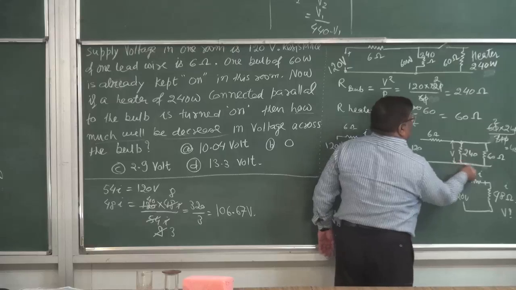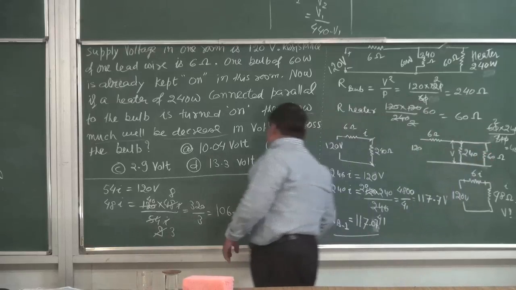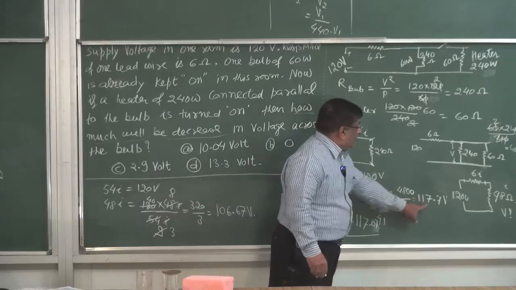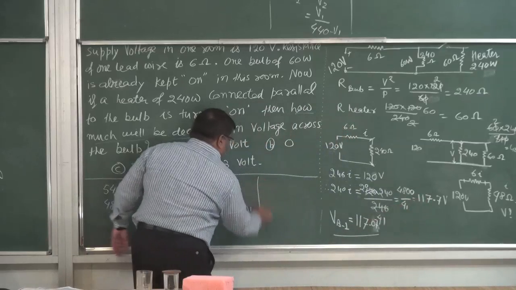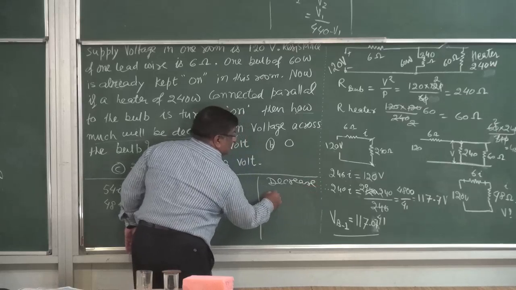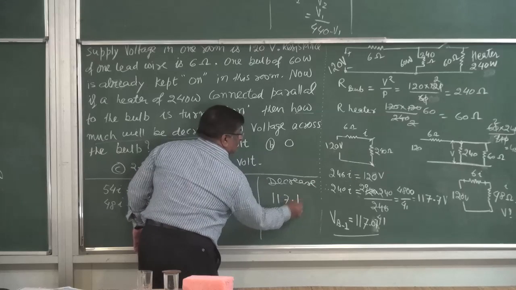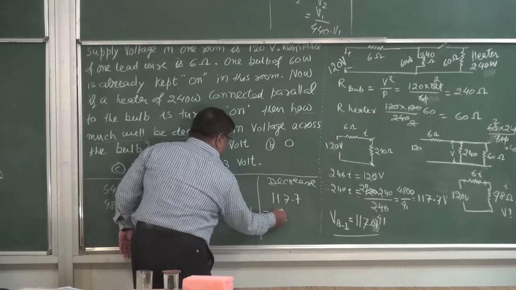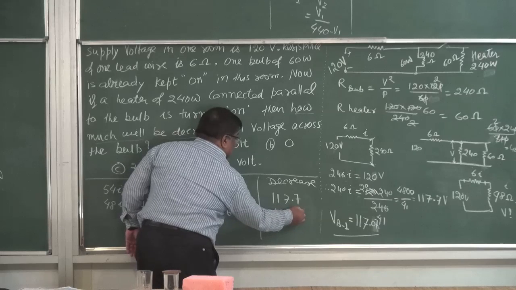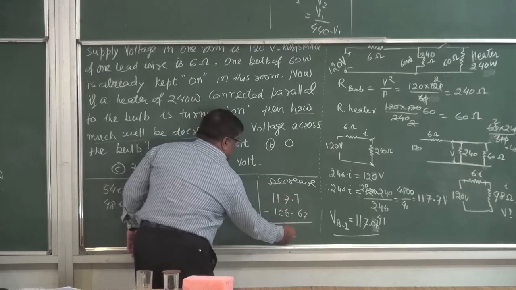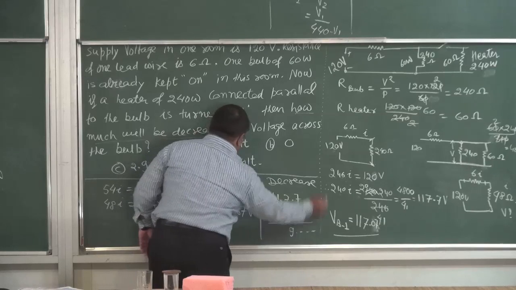This one will also get that much voltage, and this one will also get the same. How much was it getting earlier? Earlier we calculated 117. So what is the decrease? Decrease is 117.7 minus 106.67. So this is 17 minus 6, 9 point something.